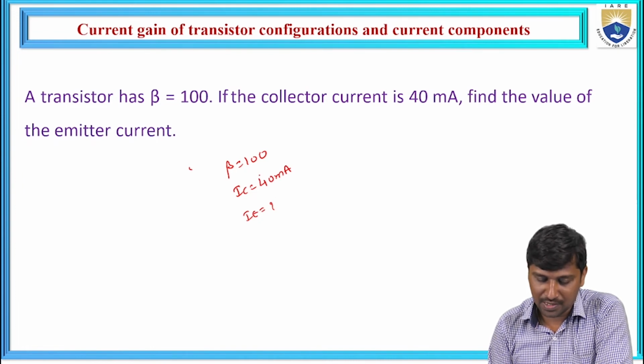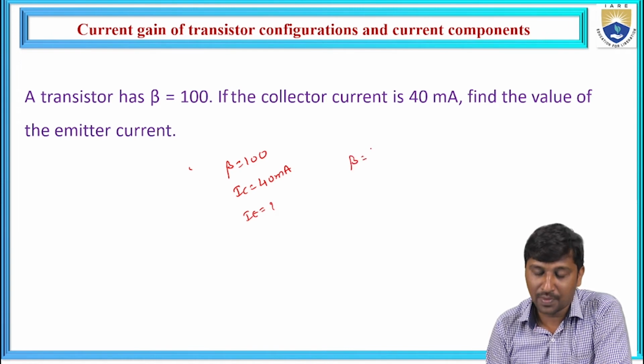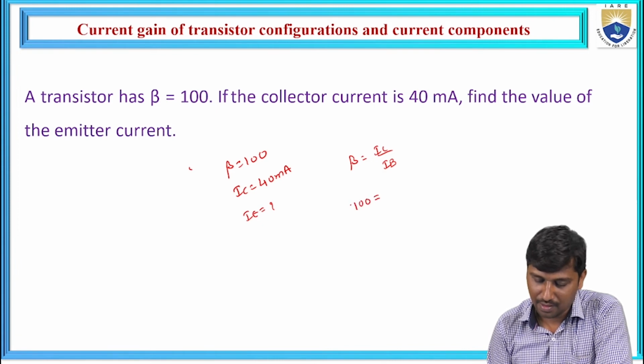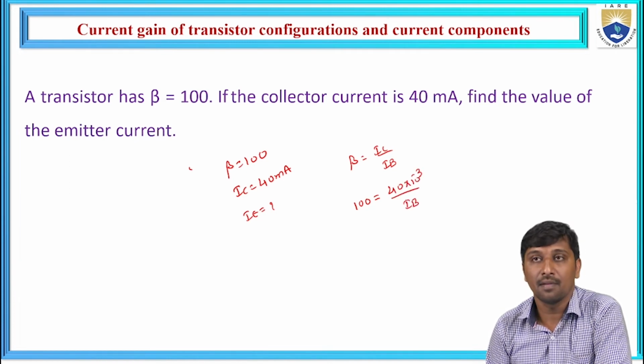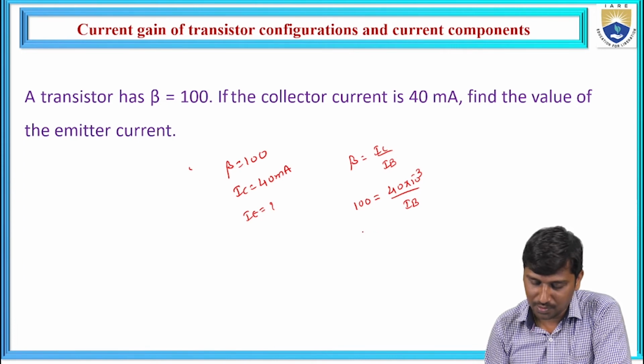Beta is 100 means, in a common emitter configuration, that is IC by IB. So beta is 100, the IC value is 40 milliamperes, and IB is the unknown parameter here. Then you can calculate from this.